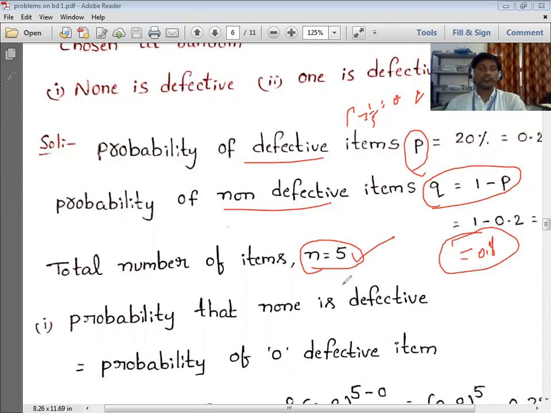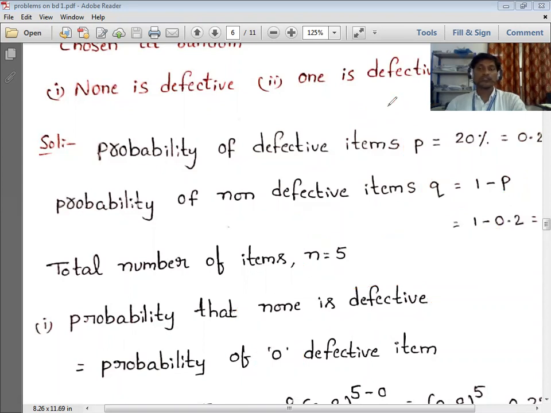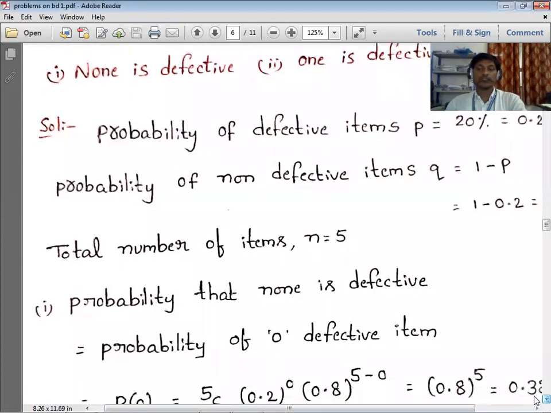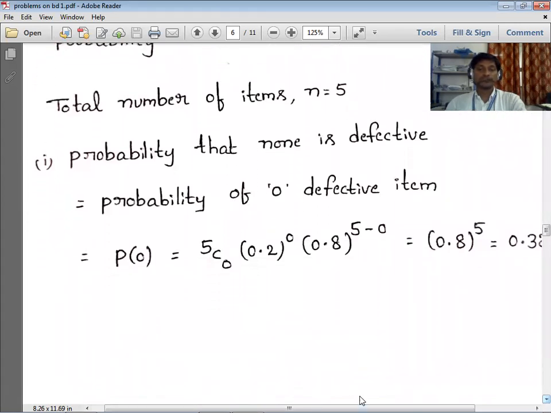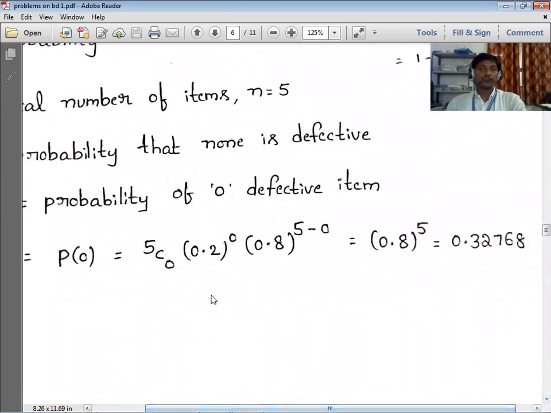Now go to what we have to calculate. First one, probability that none is defective. It means 0 defective, so there are no defective items among the 5 we selected. So here we are substituting 5C0 times 0.2 to the power 0, times 0.8 to the power 5 minus 0.